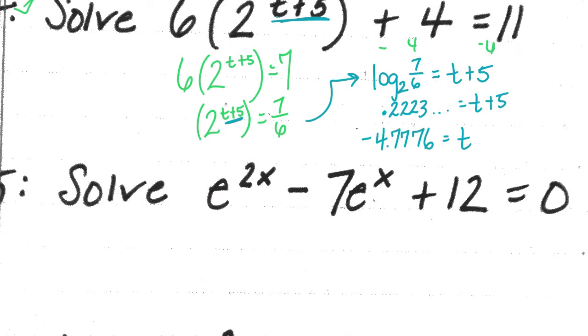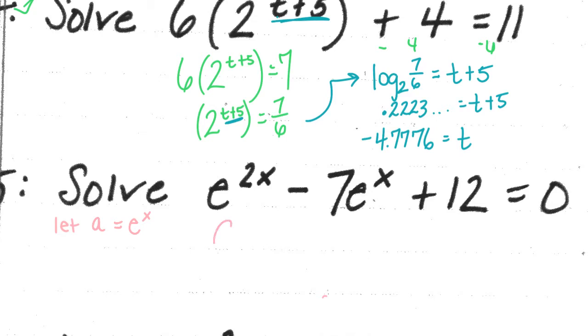The next one students struggle with because it looks hard, but if I tell you how to do it, it will be a little more simple, obviously. So let's go ahead and let a equal e to the x power.